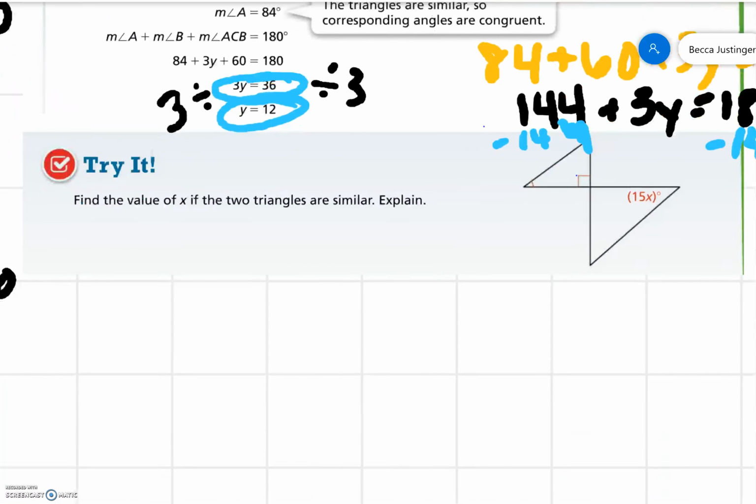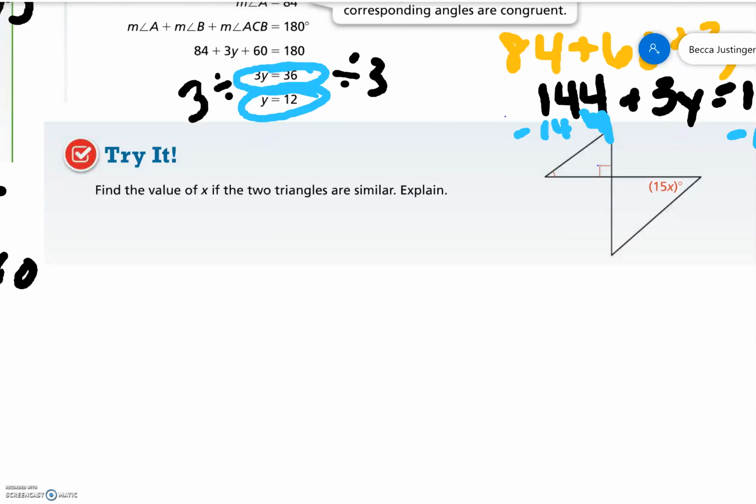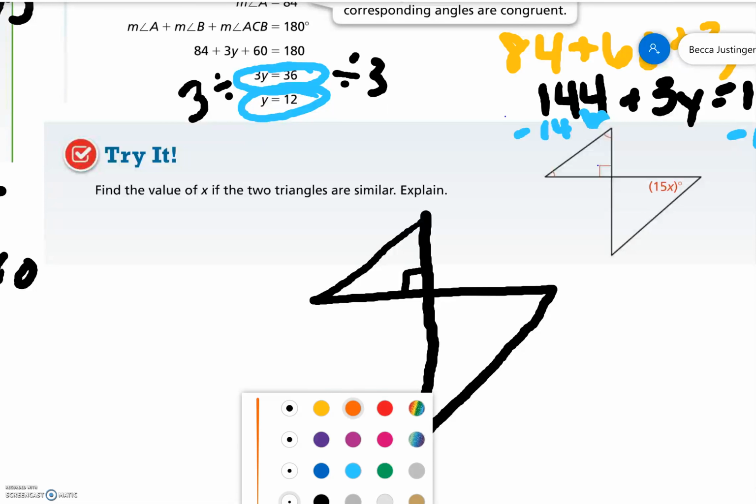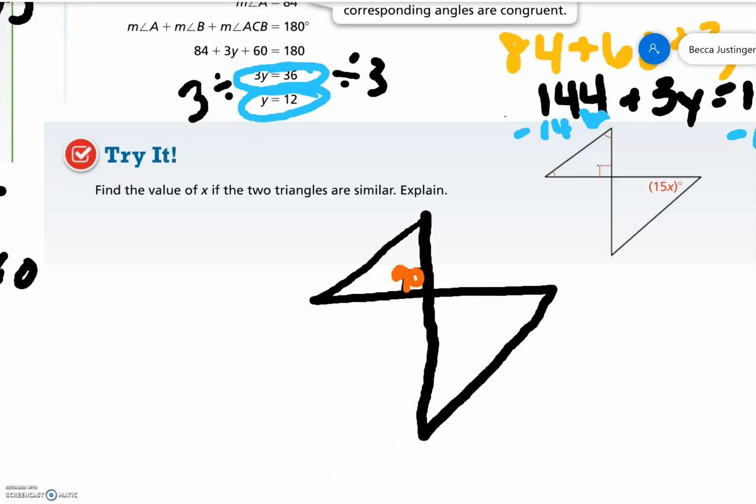Find the value of x if the two triangles are similar and explain. Well, I'm going to draw this a little bit bigger so that I can write inside of it. This here means that the angle is 90 degrees. So that's 90. If that one's 90, so is this one because of vertical angles. This here means that the angles are congruent.